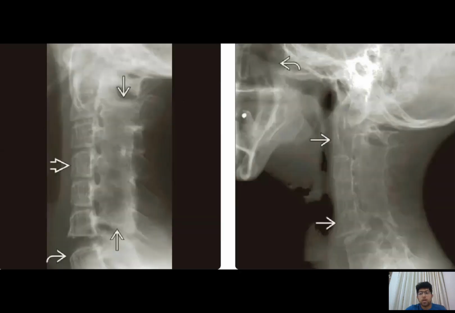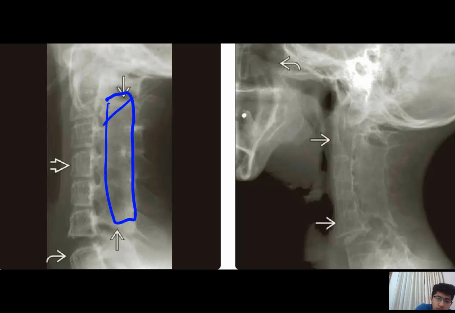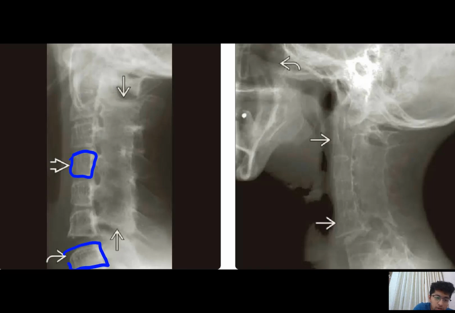Coming to the cervical spine, mainly in juvenile idiopathic arthritis, there will be fusion of the vertebral bodies, which will never happen in case of adult rheumatoid arthritis. And because of this fusion, we can see that the size of the vertebral bodies looks smaller compared to that of the uninvolved bones.